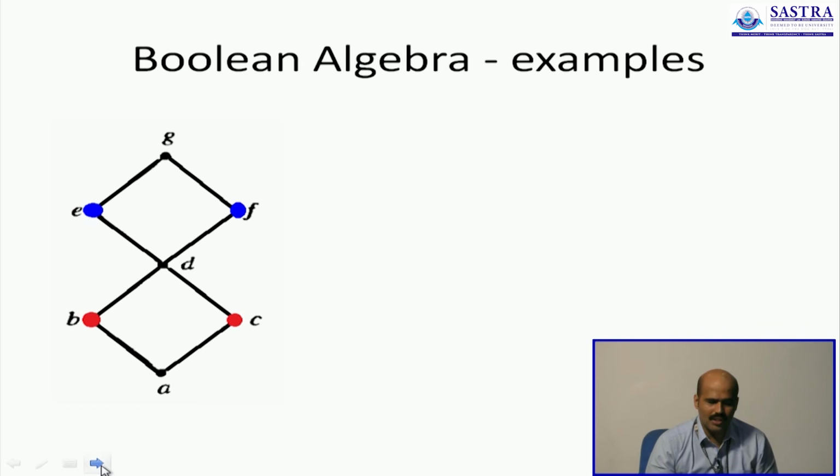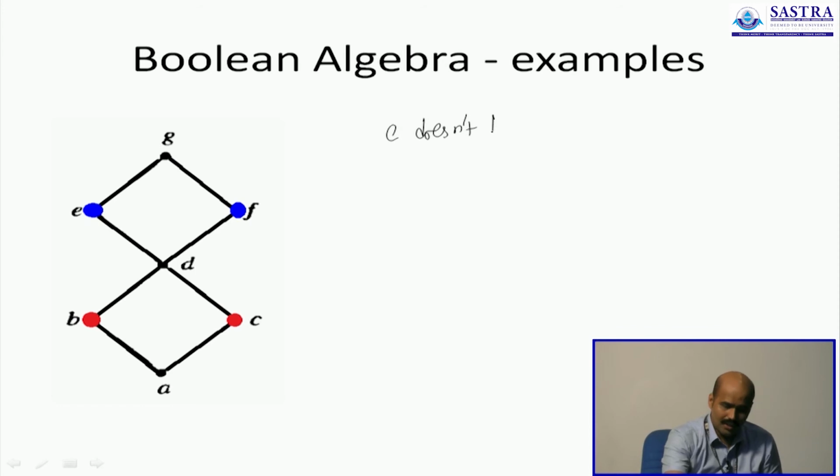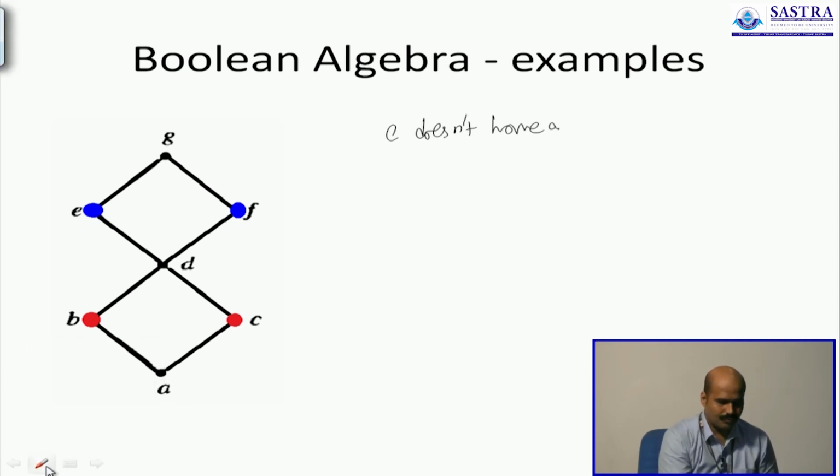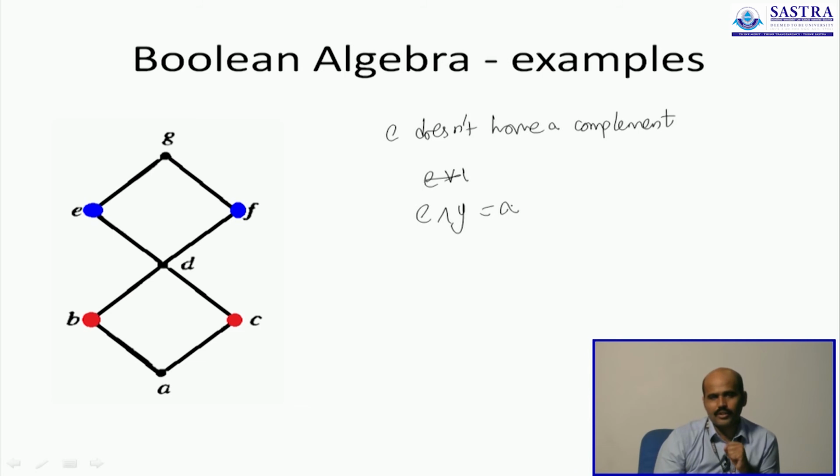This won't be a Boolean algebra because we already see that E does not have a complement, because there is no such element Y such that the meet of E and Y is A. You can't find any other element, because we have already seen the GLB of E and F is actually D, and D is not the least element.